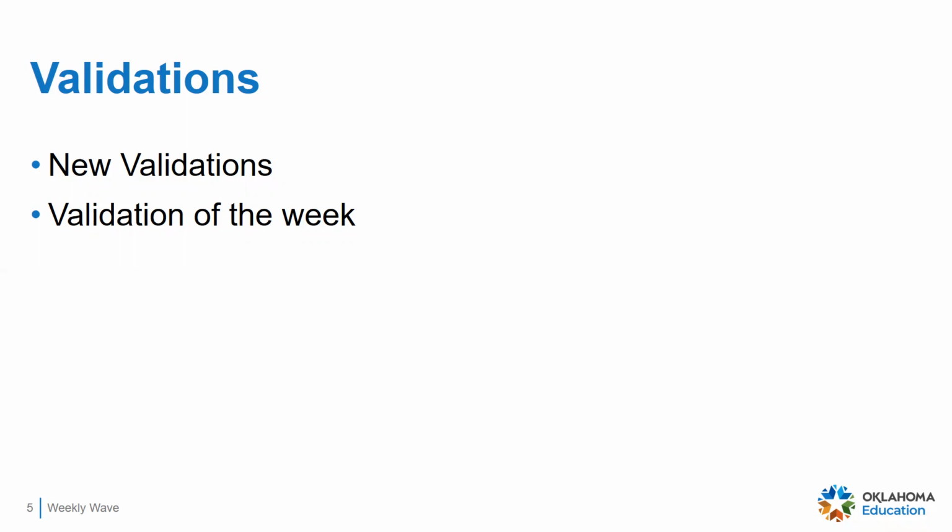We want to try and help you all fix validations that are affecting many of you. And if we're noticing it for a long period of time, we'll help you understand maybe what that validation is and give you some tips on how to correct it, or tell you what we're looking for if it's not that clear.